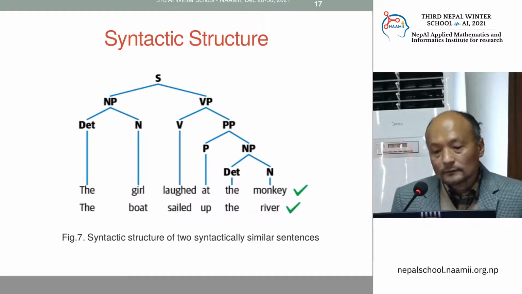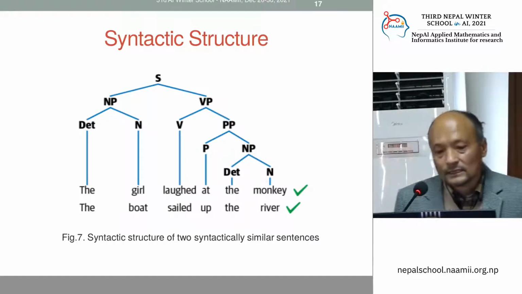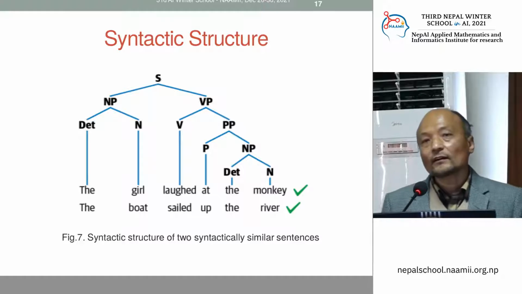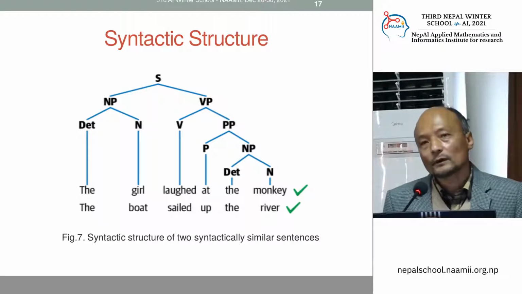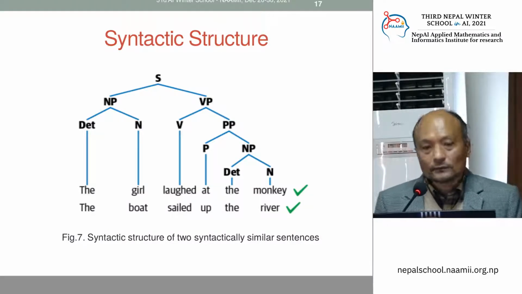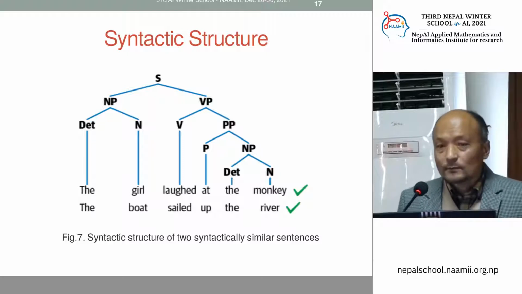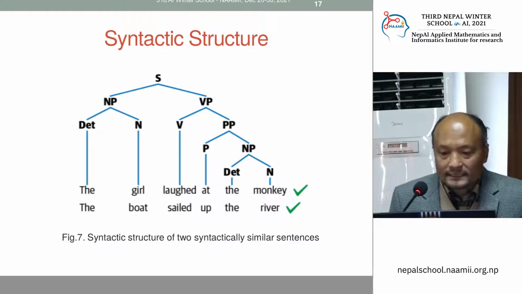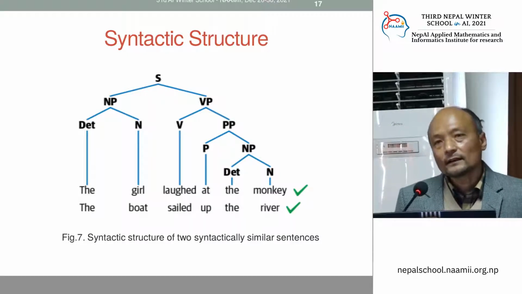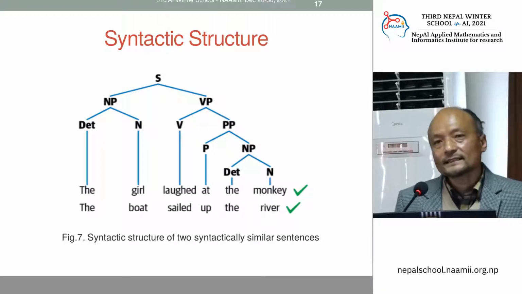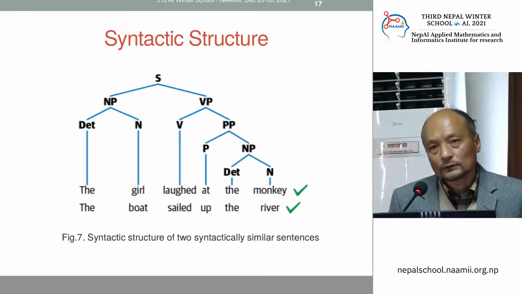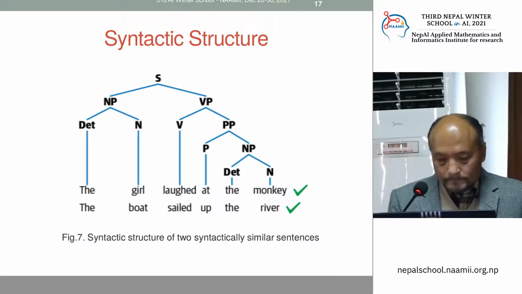These are the different parts of speech that you see, which are assigned to the different words in the text. The girl laughed at the monkey versus the boat sailed up the river, right? So these are two syntactically similar sentences, and as you can see here, a parse tree representation of these sentences is displayed as well. So, okay.